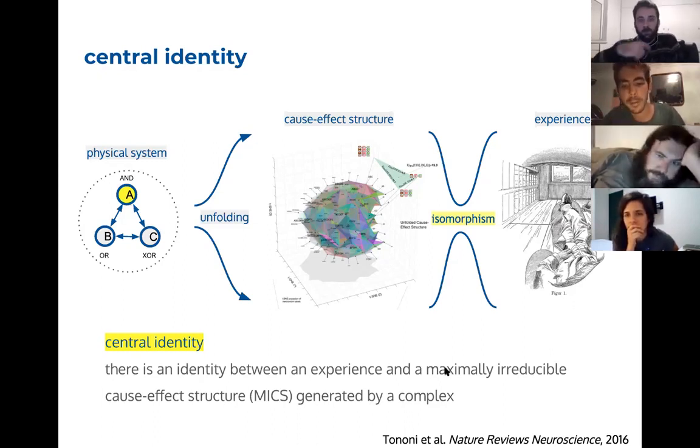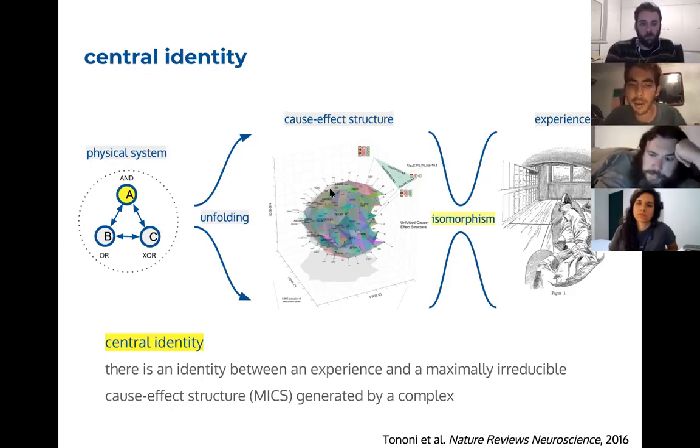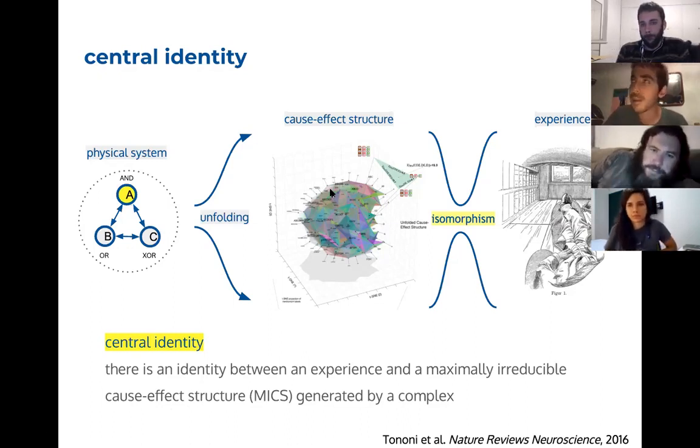So the complex is a maximally irreducible cause-effect structure, which is composed of causal distinctions, which are its parts, and relations, and each of those has a small phi value associated to it, which you could maybe interpret in terms of the intensity of a certain phenomenal distinction to appear. The identity is written as an explanatory identity. So it's more that this cause-effect structure can explain and make intelligible experience.